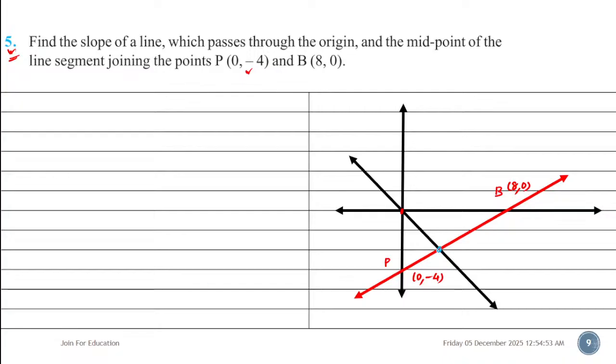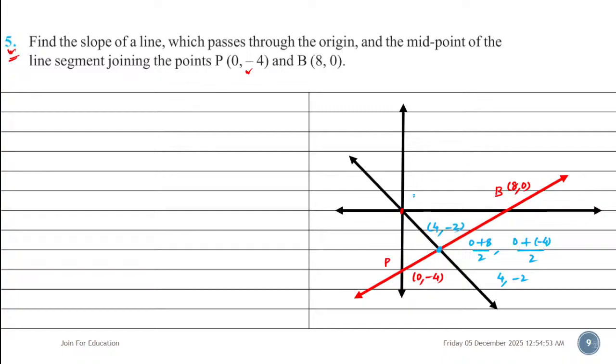This is the midpoint of PB. So the midpoint of PB will be (0 plus 8 by 2, 0 plus -4 by 2). So this will be (4, -2). There should be no problem understanding up to this step.